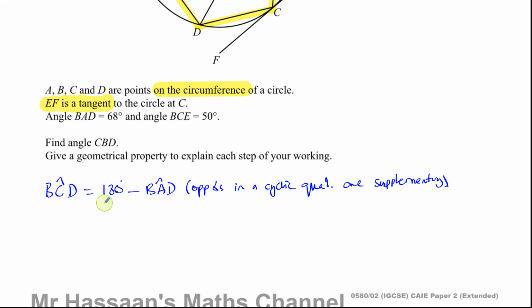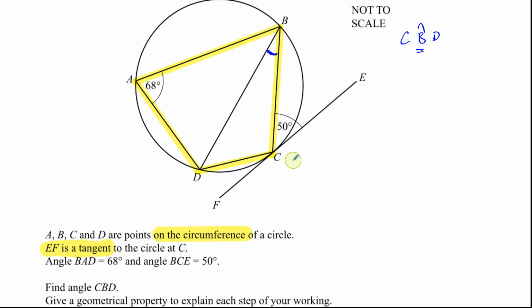Because we know that the opposite angles in a cyclic quadrilateral add up to 180, this is going to be 180 minus 68. That's going to be 112, isn't it? Because 180 minus 70 would be 110 plus another 2.